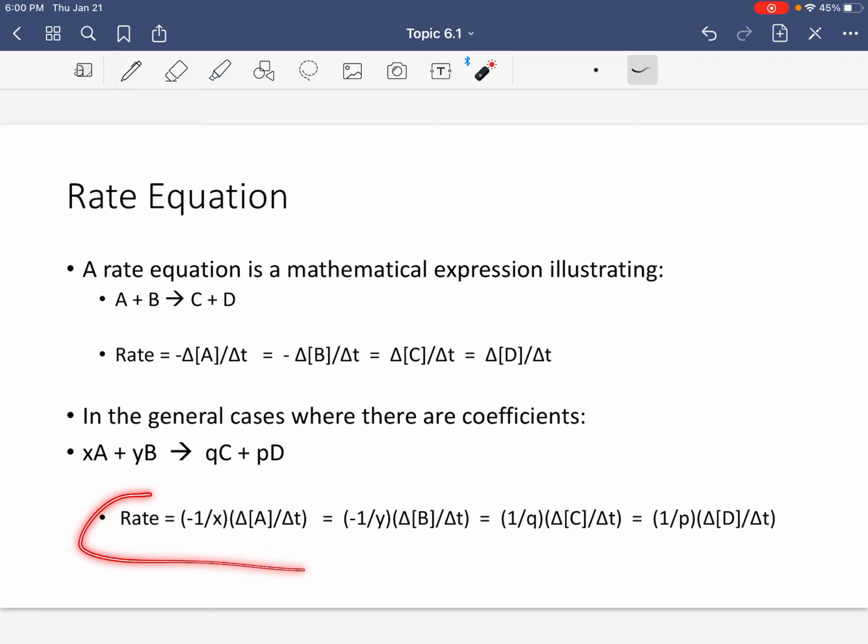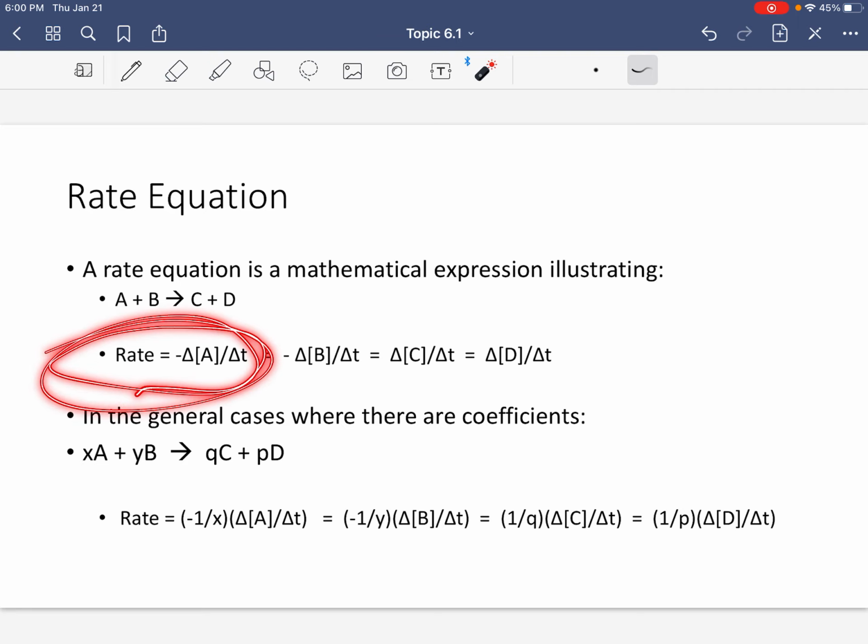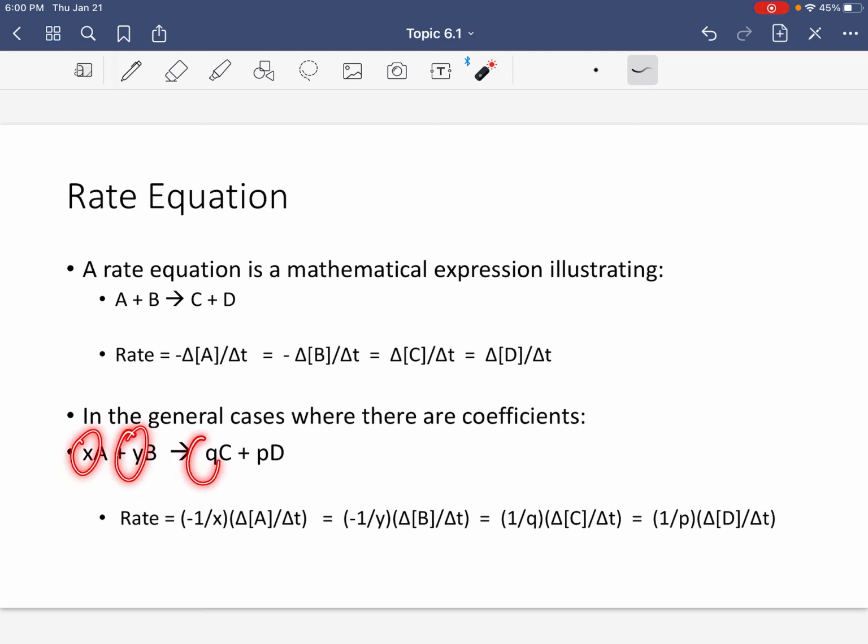But very rarely would you be asked to do anything like this. I mean, this is probably more popular. Okay, but coefficient, hey, don't forget about those, because coefficient is very important. Very, very important. So remember, if there are numbers here, because it's based on a balanced equation, make sure you take the reciprocal of it.